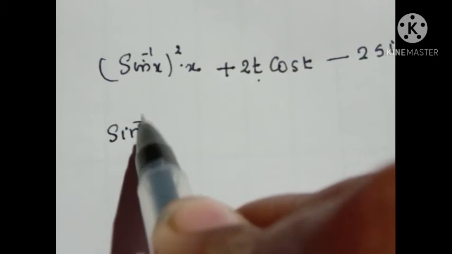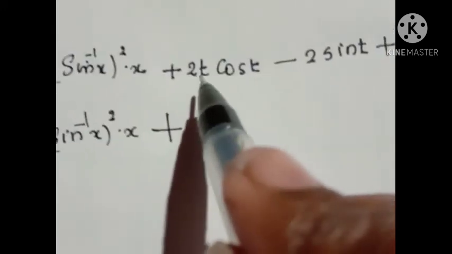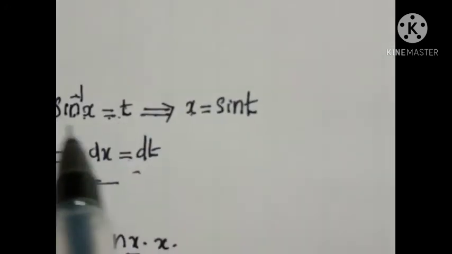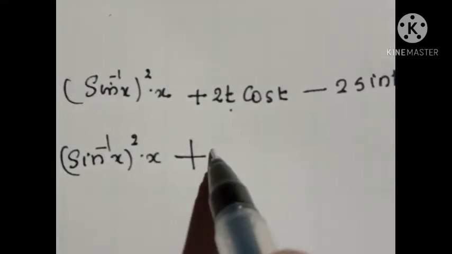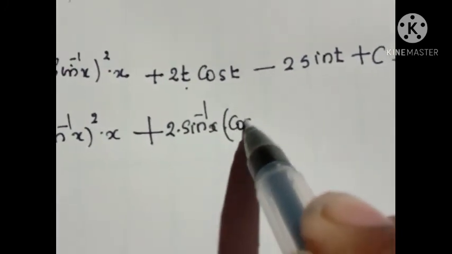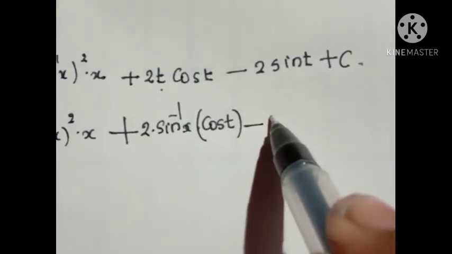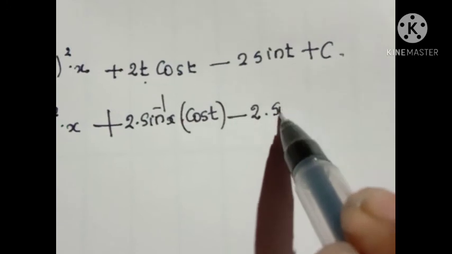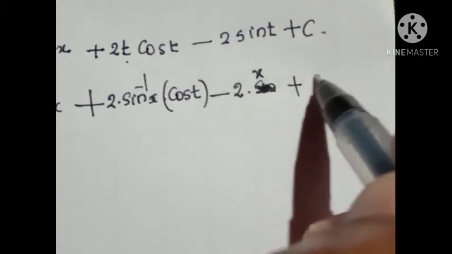So this is (sine inverse x) whole square into x plus, actually t is sine inverse x, and x is sine t. So this t can be written as 2 into sine inverse x. Now cos t, we are writing cos t itself, and 2 into sine t. What is sine t from here? x. So this is x plus c.